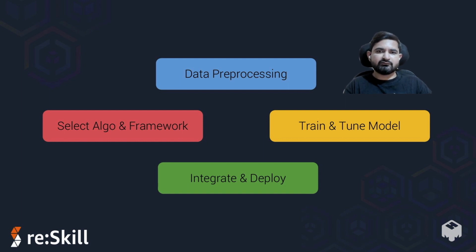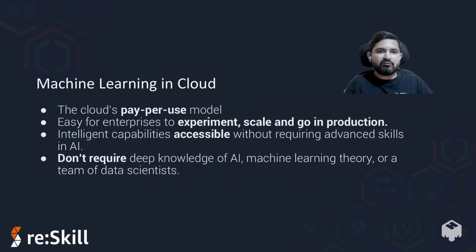So there are a lot of small problems around the whole process, which become bigger when you look at the bigger picture, right? And how machine learning in the cloud can help you with the whole thing. Cloud uses a pay-as-you-use model, right? You don't have to pay upfront for whatever you are using.